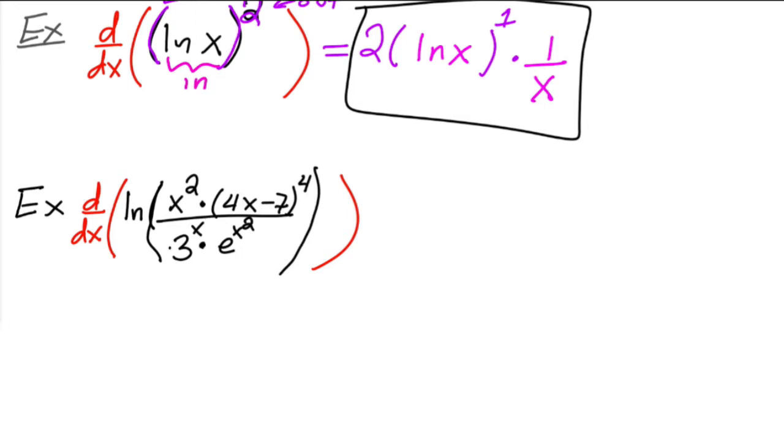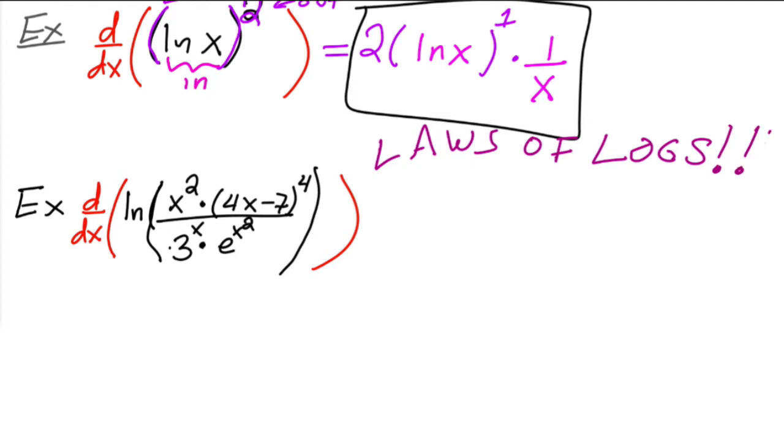But what if, instead of doing it directly, we use the laws of logarithms? If you don't remember them, go back and look them up. They tell you how you can break up and put together logarithms.